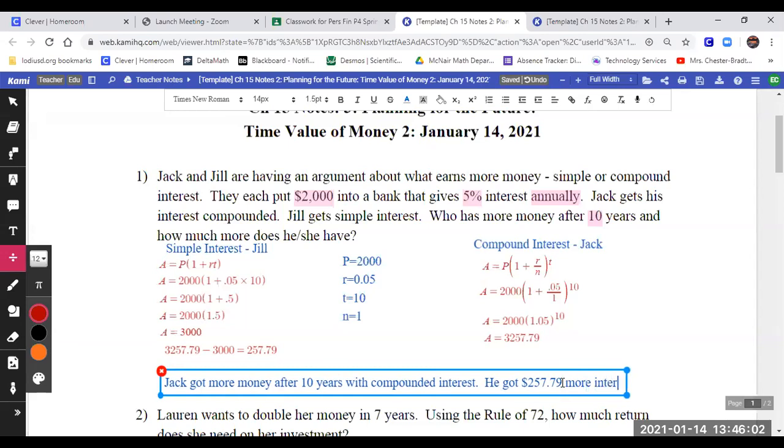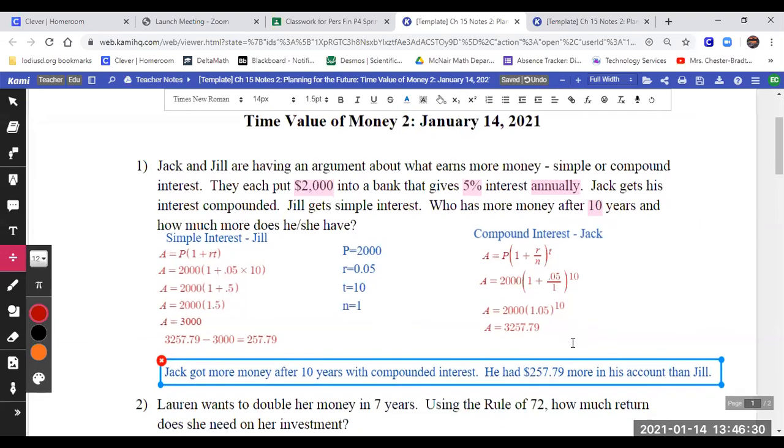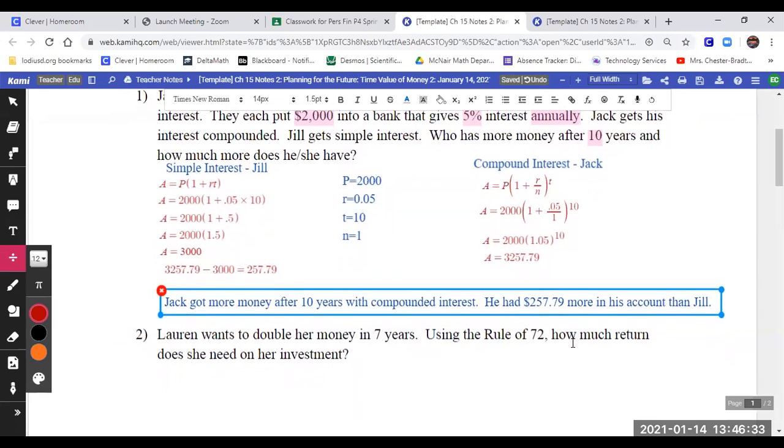He had $257 more, had, not half, in his account than Jill. Right? Does that make sense?